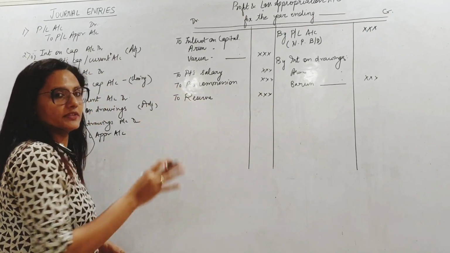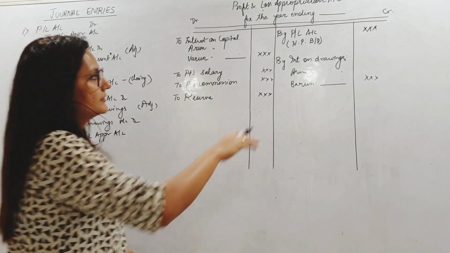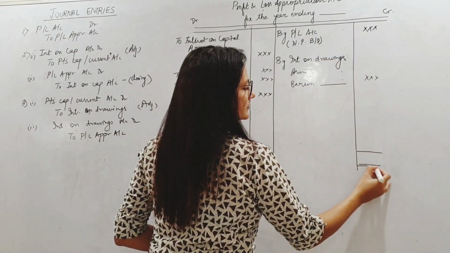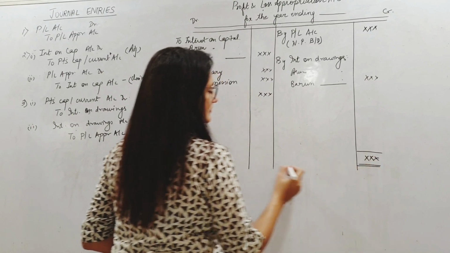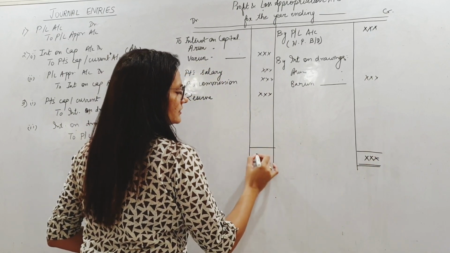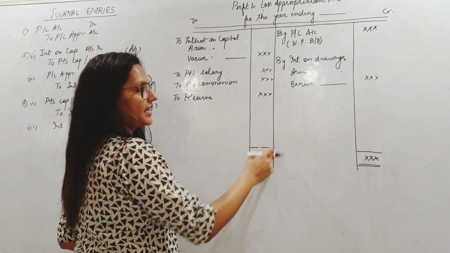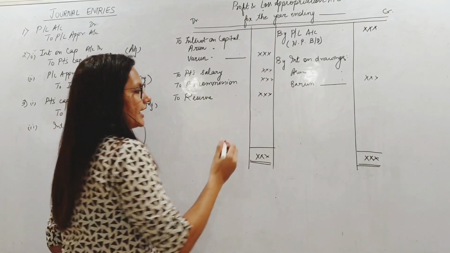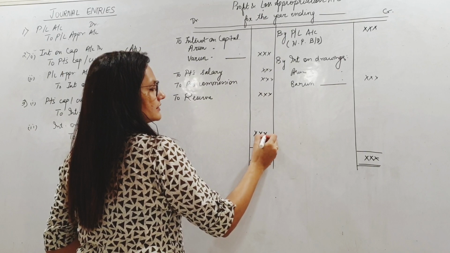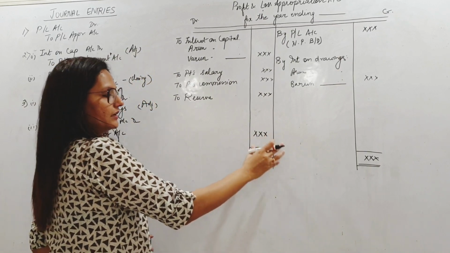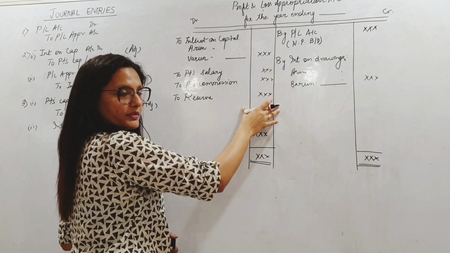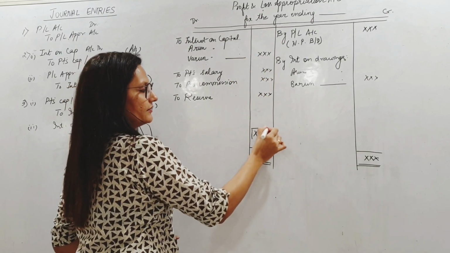Now after all of this is done, we add these two and the total up here. Then from this total, we subtract all the appropriations that I am supposed to do. And I am left with this amount. Okay? From this total of that side, I subtract all these appropriations, I get this balancing figure.